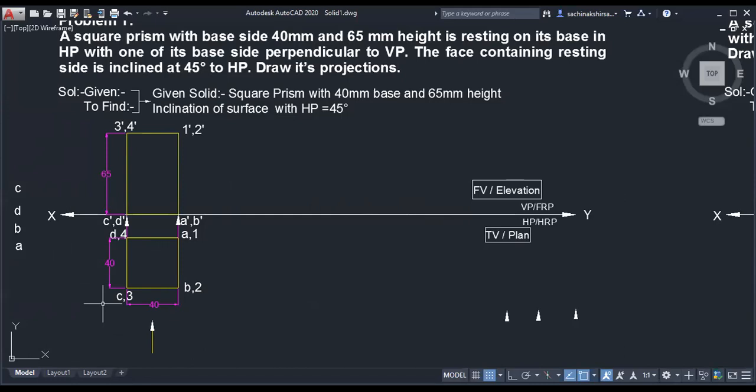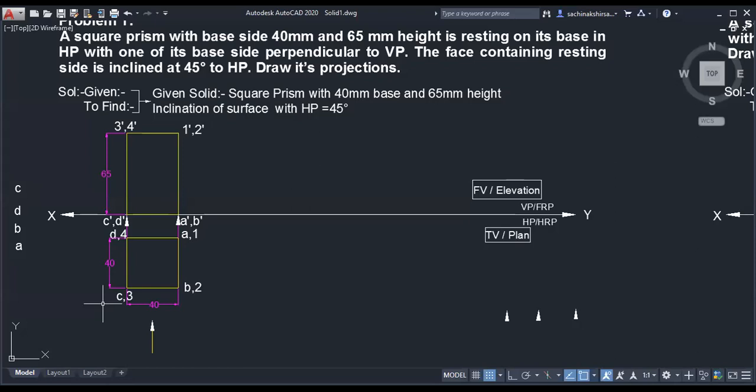Inclination with HP. Whose inclination is given?